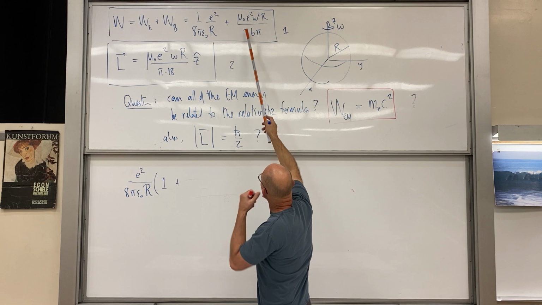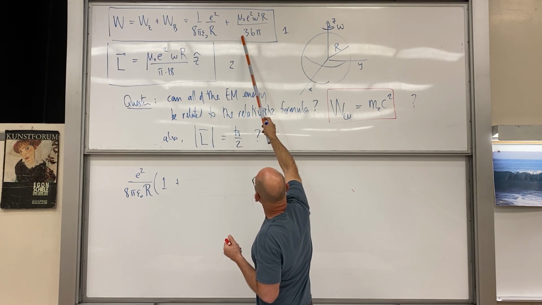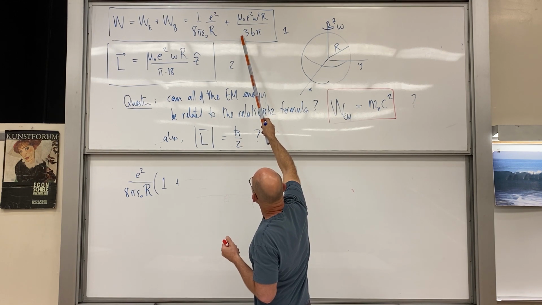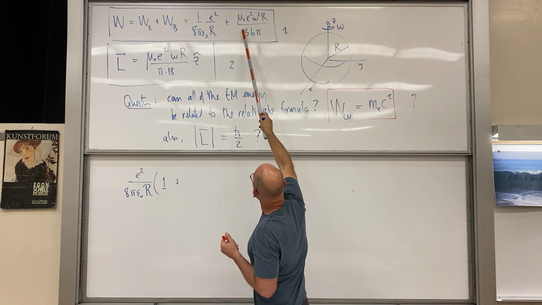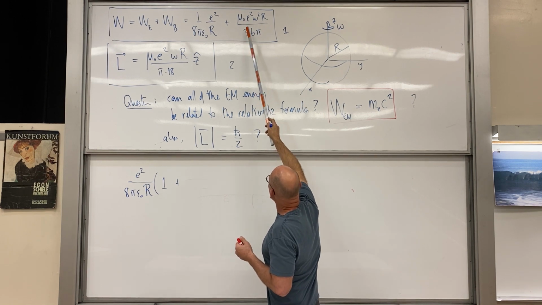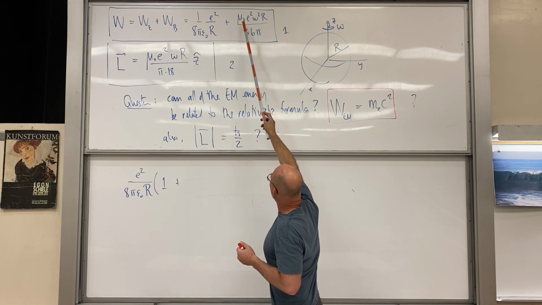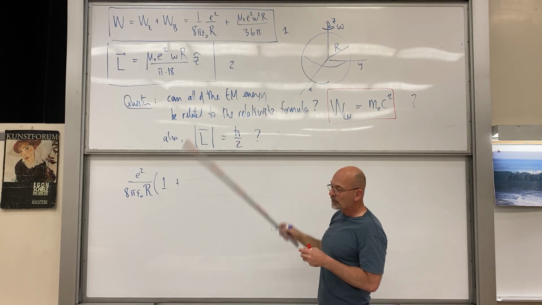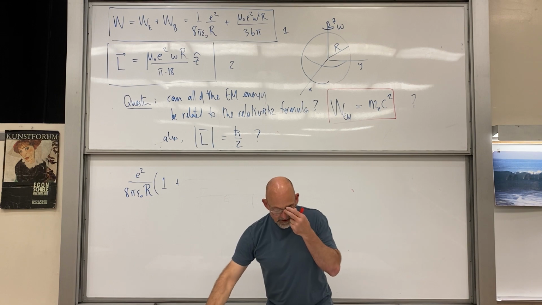You multiply top and bottom by epsilon naught over epsilon naught, and then in the numerator you'll have mu naught epsilon naught, which is 1 over c squared. So here's what comes out of that.